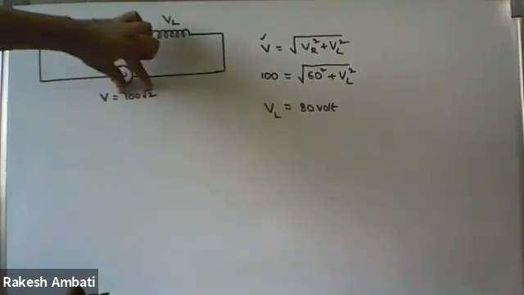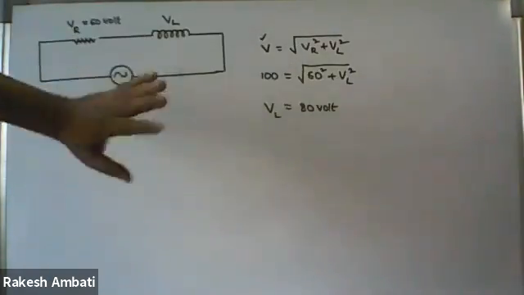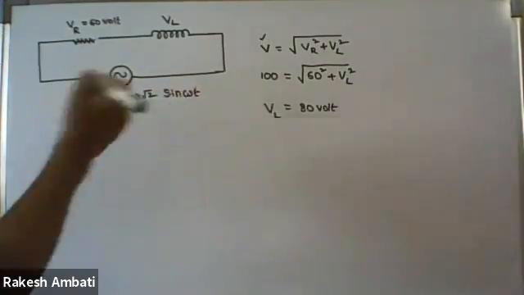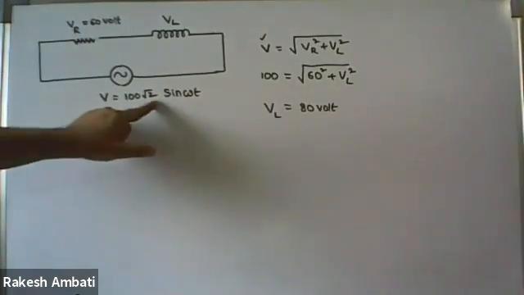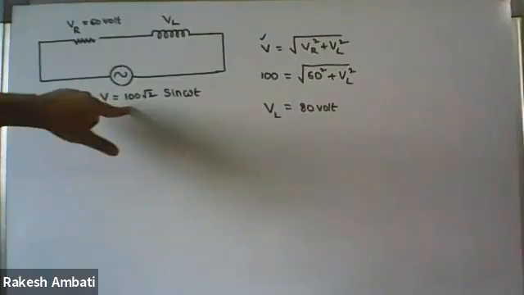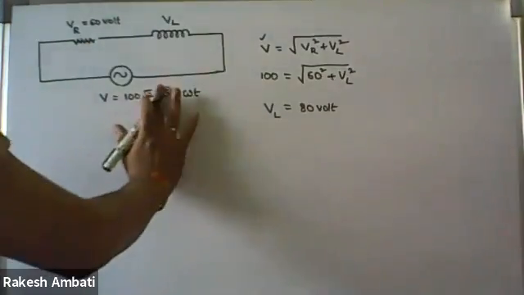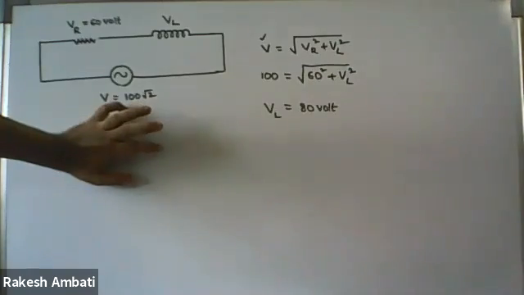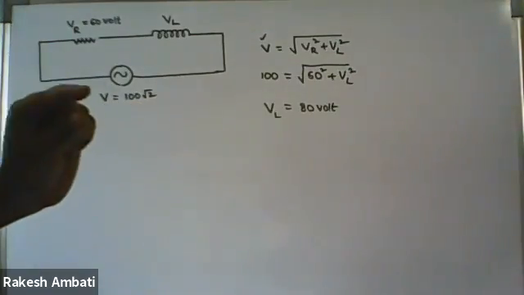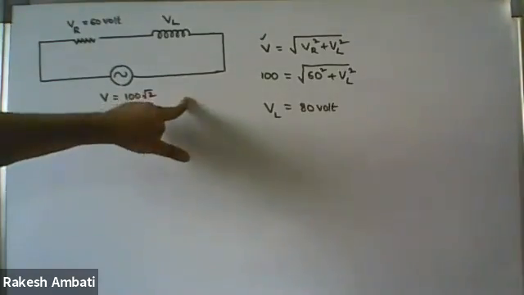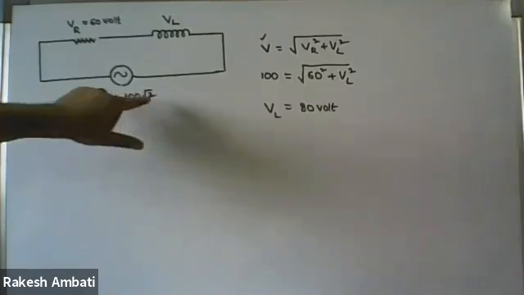Only reading is given, that is RMS. If it is given in the form of equation, it is the peak value. If only reading is given, that reading belongs to RMS. If given in the form of equation, that is the maximum peak value.